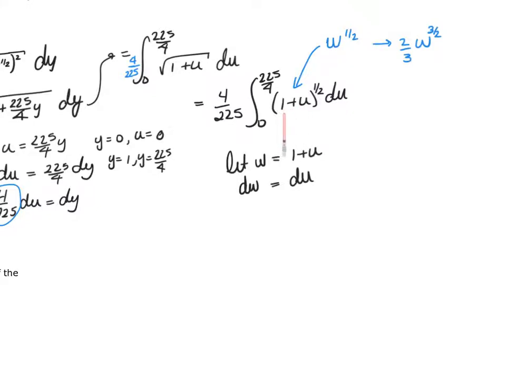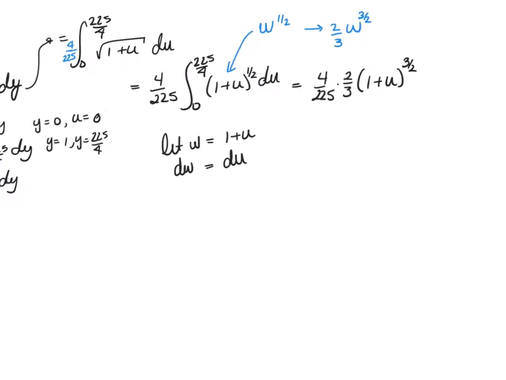This part right here is going to integrate into 2/3 1 plus u raised to the 3/2. So then this is going to be equal to 4 over 225 multiplied by 2/3 1 plus u raised to the 3 over 2, integrated between 0 and 225 over 4.